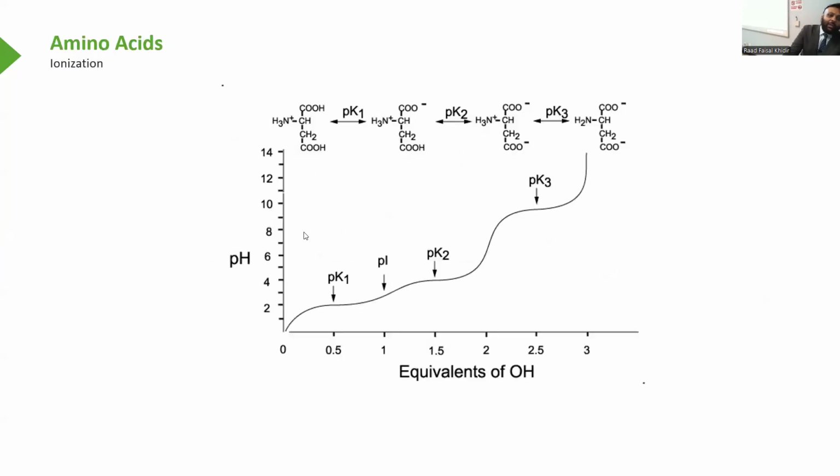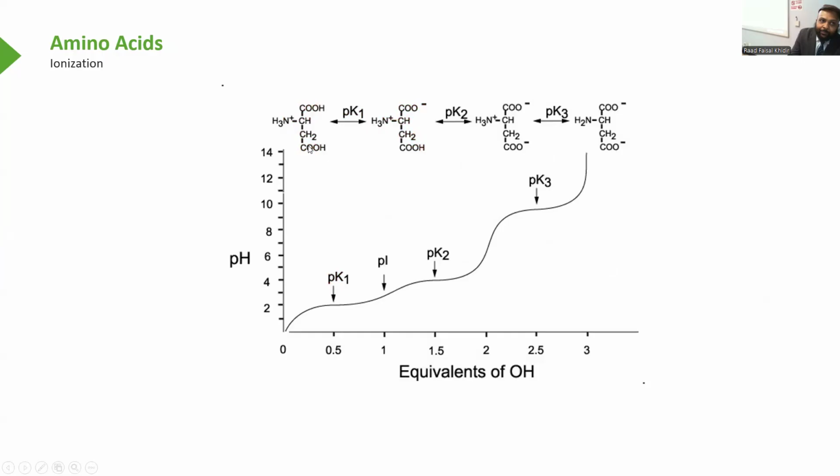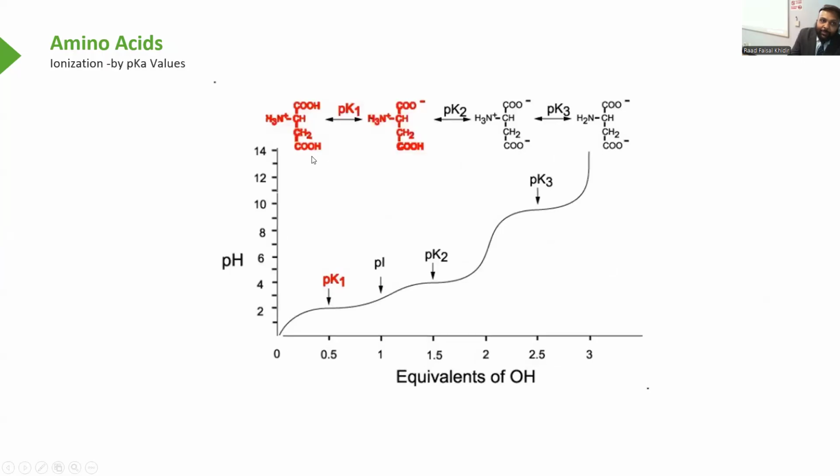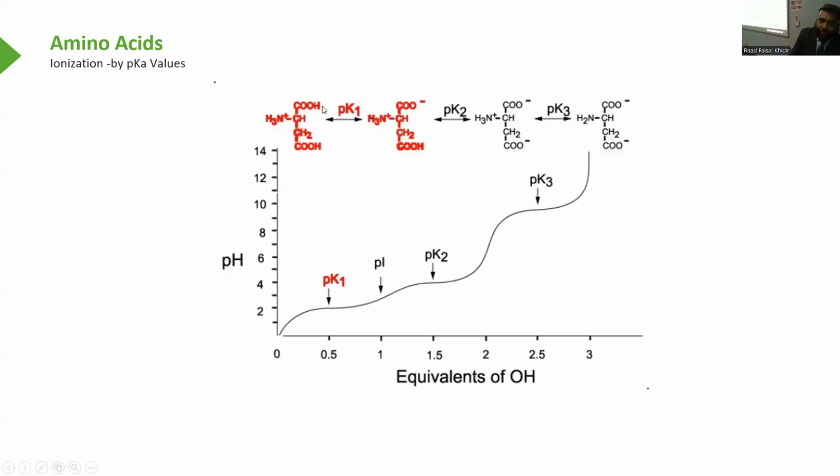Okay, so if you look here at the ionization, you see that the more base we add, the more the pH increases. And as the pH increases, there is ionization. The carboxylic terminal is going to lose a hydrogen proton.